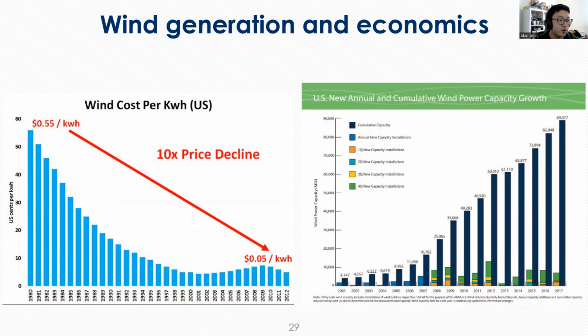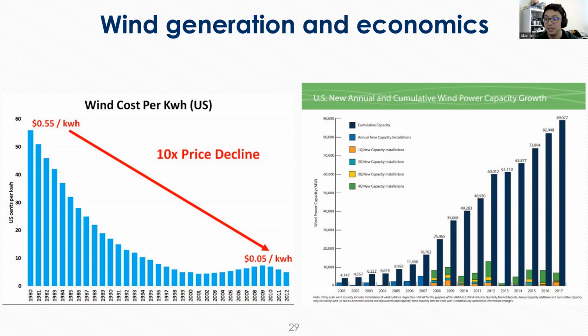From the 80s to the early 2010s, you saw a 10x decline in the capacity deployment cost. And that has continued to decrease to the extent that, where we think of the cheapest power to deploy in the US as historically being natural gas in the 2000s, now wind is at that or even lower in a lot of places.